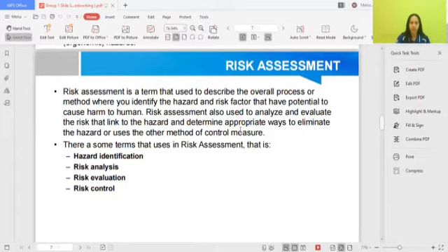Risk assessment is also used to analyze and evaluate the risk linked to the hazard and determine the appropriate way to eliminate the hazard or use another method of control measure. And there are some terms used in risk assessment, like hazard identification, risk analysis, risk evaluation, and risk control.